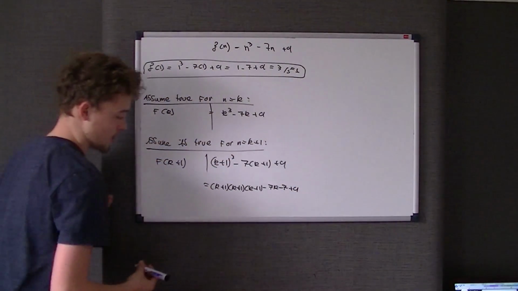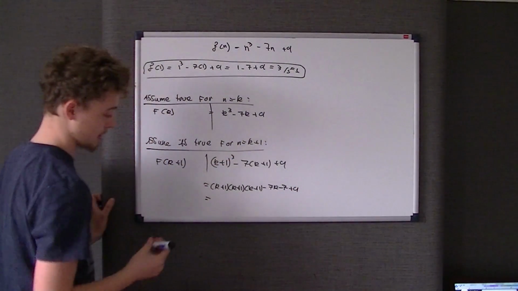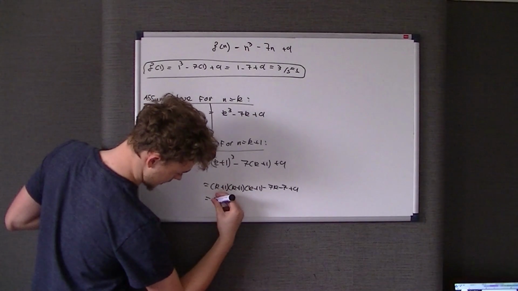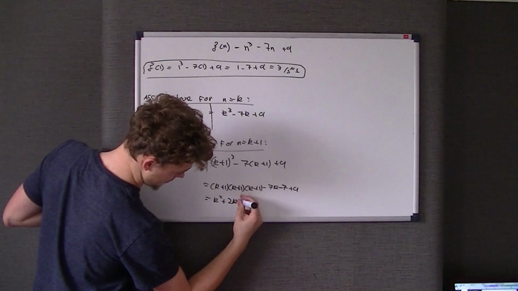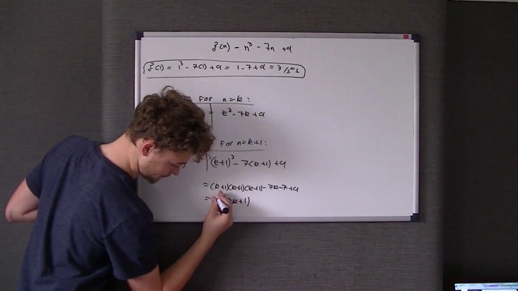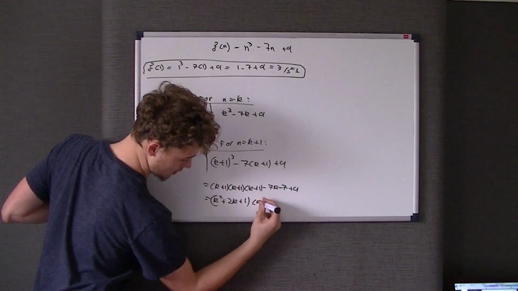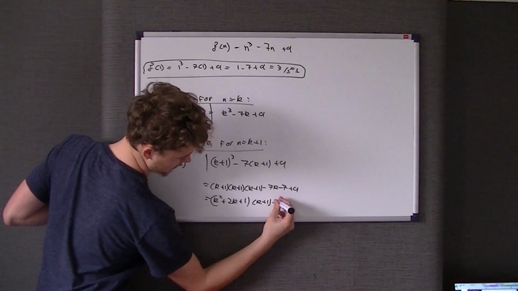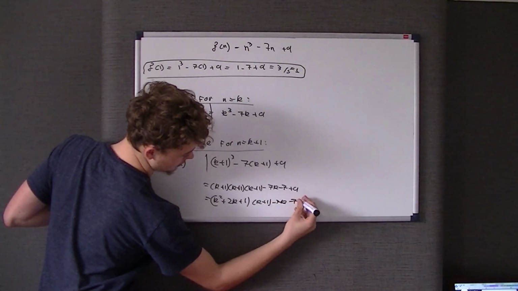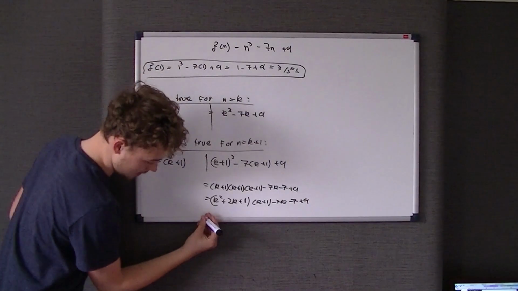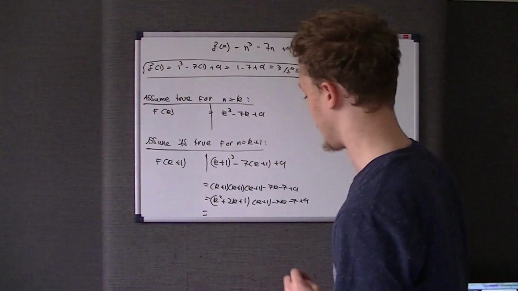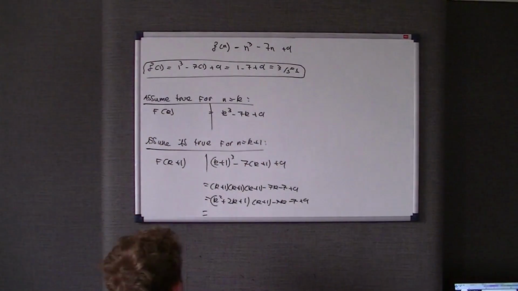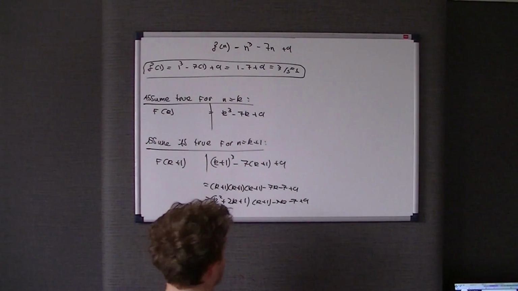It's just a case of expanding this, double brackets, triple brackets even. So it's k squared plus 2k plus 1, times k plus 1, take 7k, take 7, plus 9. Then it's just times this quadratic by k plus 1: times it all by k first, then times it all by 1, and add them together.